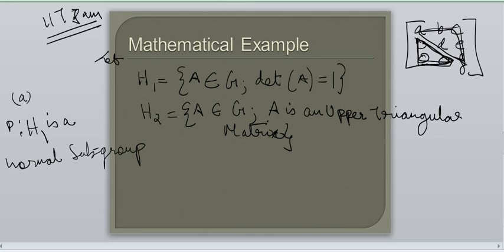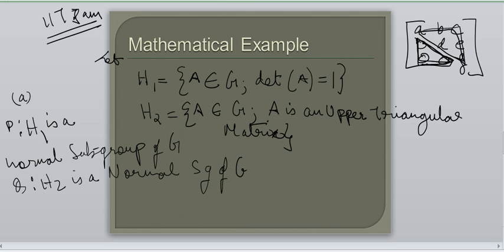And Q: H2 is a normal subgroup of G, of course. I'm writing SG for short. These are the 2 conditions first given to us, P and Q.